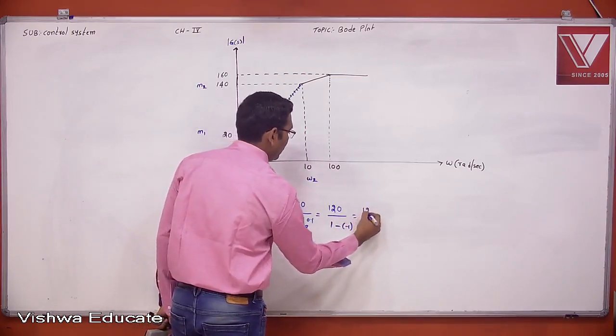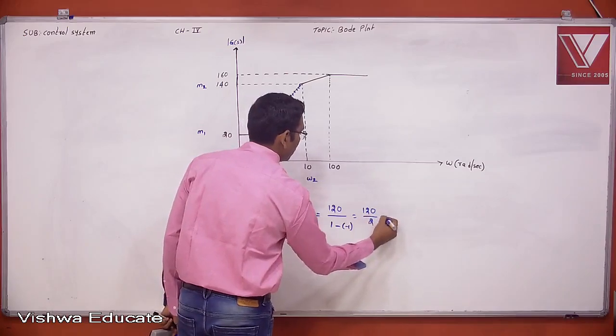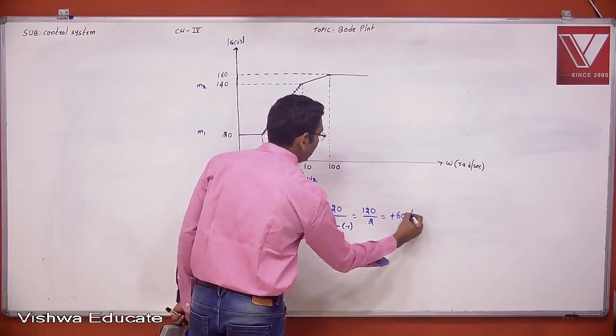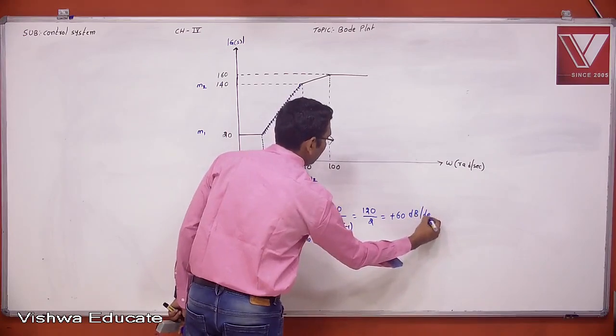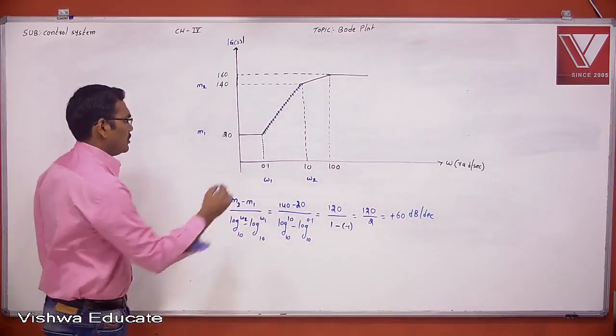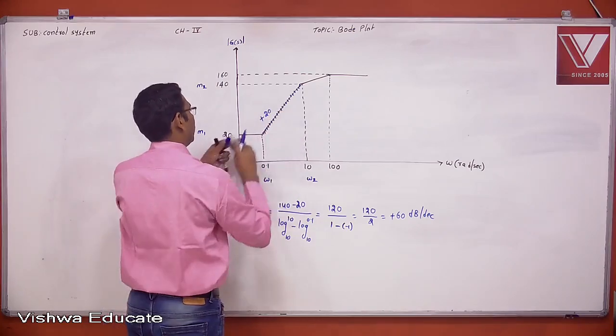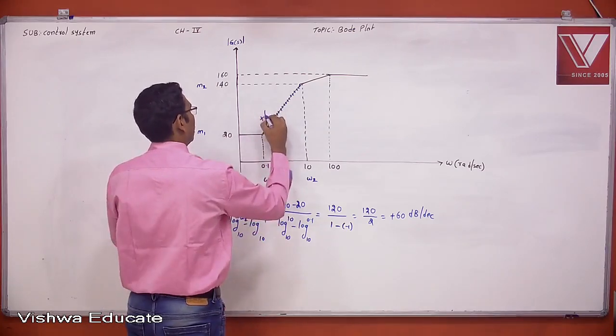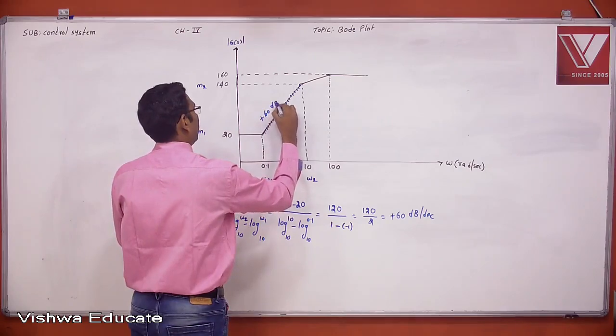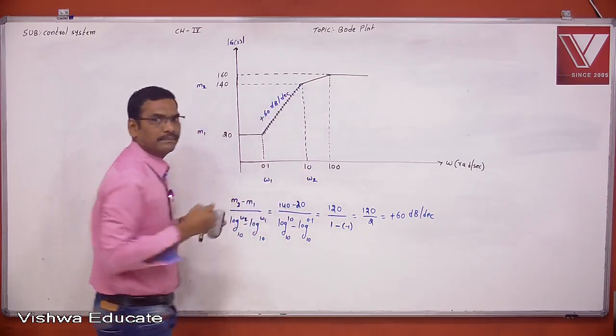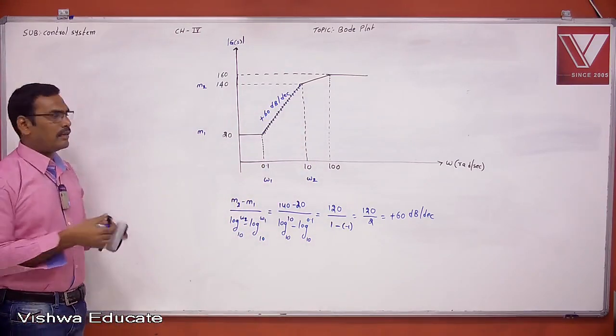So 120 by 3 ... 120 by 2 plus 1, giving plus 60 dB per decade. The slope of this line is plus 60 dB per decade. This is the way you can calculate the slope of the line.